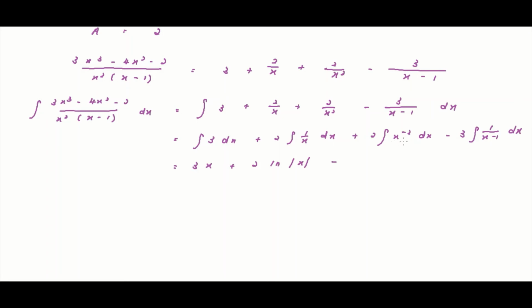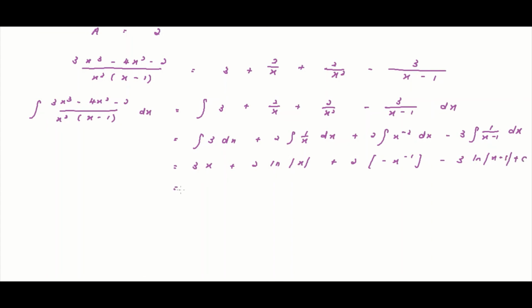So x to the negative 2. When you integrate, sorry, this is plus, you should be able to get plus 1, so you get negative 1, so you divide by negative 1, right? So negative x to the negative 1. Okay, and minus 3. So for this part, 1 is the derivative of x minus 1 as well. So ln of x minus 1 plus c.